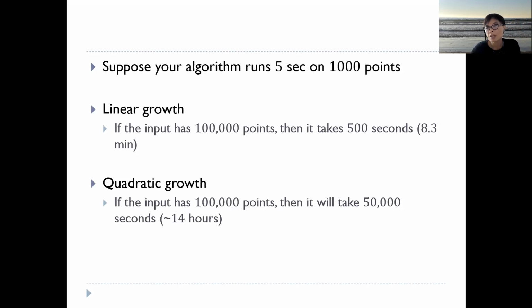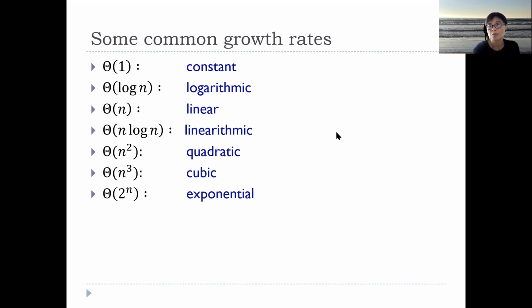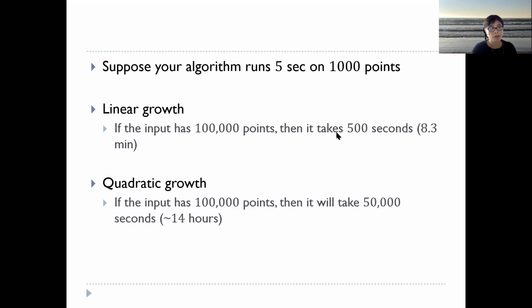Now your input has 100,000 points, which is 100 times the previous one. If your algorithm has linear growth, the time grows linearly, which is 5 times 100, which gives you 500 seconds as the running time.